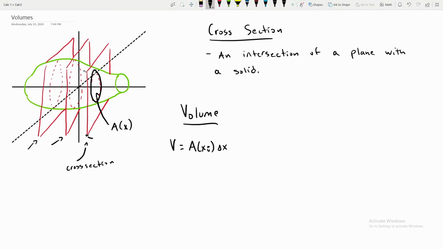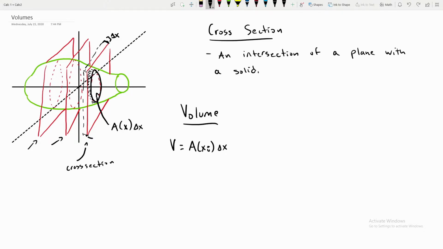If this slice were to be super thick like this, then the volume of that slice would be A of x, meaning that area, times however thick this would become. In that case, the thickness we'll call delta x. Now here is the formula of the volume for a single cross section.